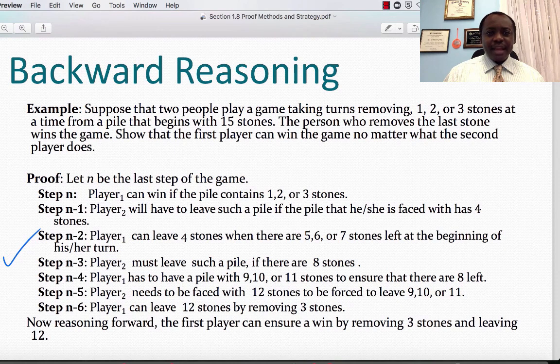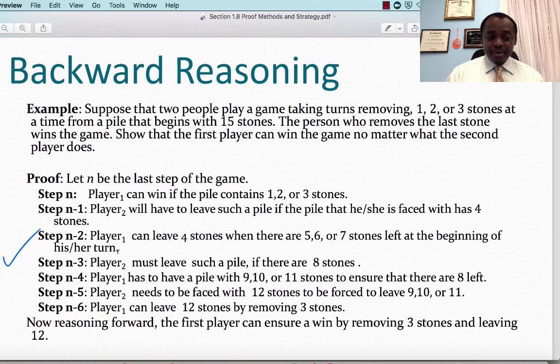Let n be the last step of the game. Player 1 can win if the pile contains 1, 2, or 3 stones because you can remove 1, 2, or 3 stones. But if that were to happen, player 2 will have to leave such a pile if the pile that he or she is faced with has 4 stones. But for that to happen, player 1 can leave 4 stones when there are 5, 6, or 7 stones left at the beginning of his or her turn.